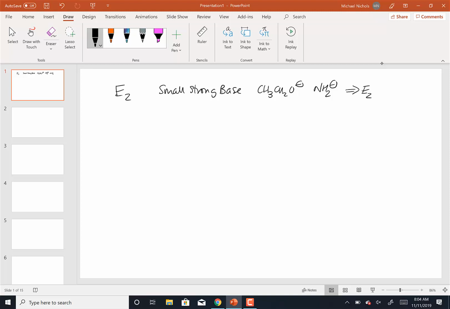The first issue is that you need to identify the beta hydrogens that are anti-periplanar, because if it's not anti-periplanar, these bases aren't going to remove those hydrogens. So that's the first thing you need to do, is find the anti-periplanar hydrogens. And then of those, you will form, if you have a choice, the most stable alkene.